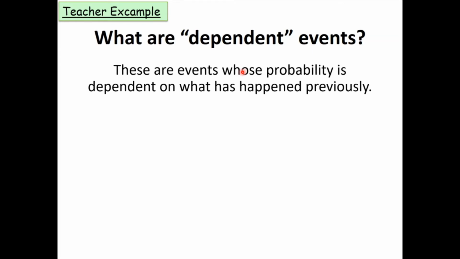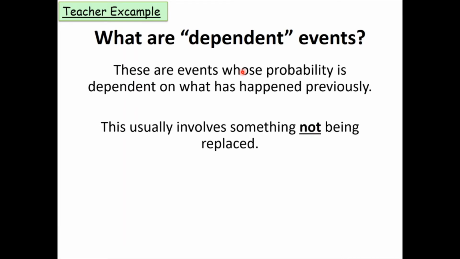For example, if you remove a counter from a box and you do not put it back, then you've got one less counter in the box for the second time that you pick another counter out. So that's going to affect the probability because you've got one less. That's the key thing.